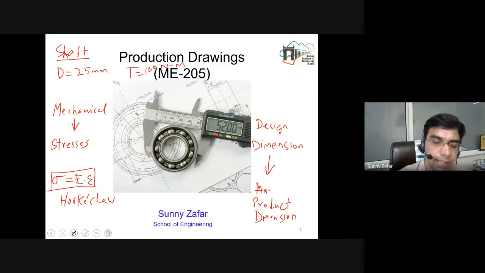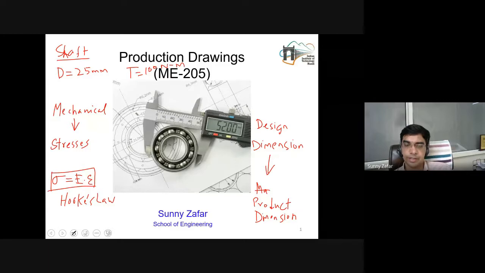So this is what my dimension says. This is from the design aspect. I wanted to transmit a torque of 100 Newton meter, and I'm not going into how this 25 comes, but you will learn about this in future courses in mechanical engineering.